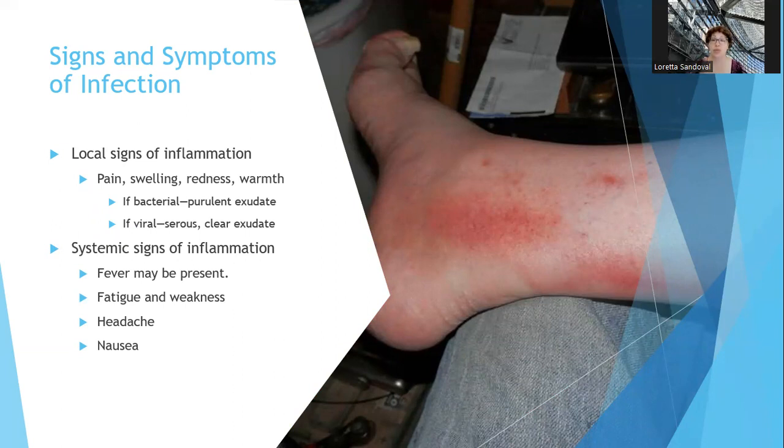Leukocytosis is where you have an increased white blood cell count, and frequently with bacterial infections, you have that increased white blood cell count. So when they do basic blood tests, they usually do a complete blood count, and they compare how many white blood cells you have to the normal level. So knowing the exudate type and the systemic signs is important for helping to diagnose the illness.